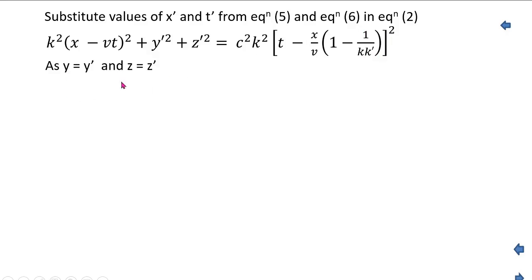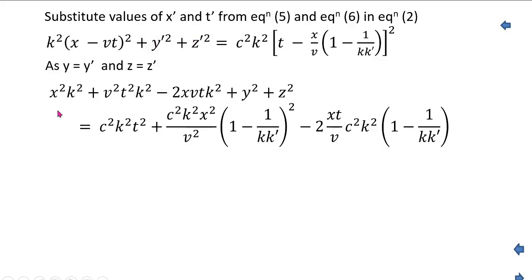As y is equal to y dash and z is equal to z dash, as there is no change in y coordinate and z coordinate, therefore substitute y dash is equal to y and z dash is equal to z. Then simplify this.